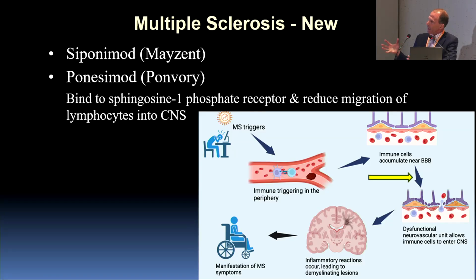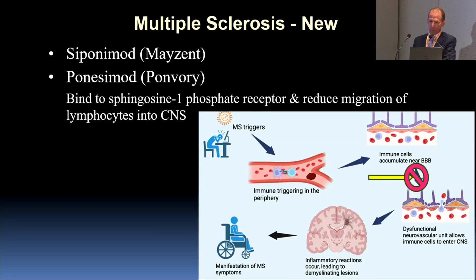The immune cells accumulate, and typically they will bind to the sphingosine-1 phosphate receptor, and that allows them to get into the central nervous system. So if you can block that sphingosine-1 phosphate receptor with these medicines, it prevents the lymphocytes getting into the central nervous system. And that's how this class of drugs works.